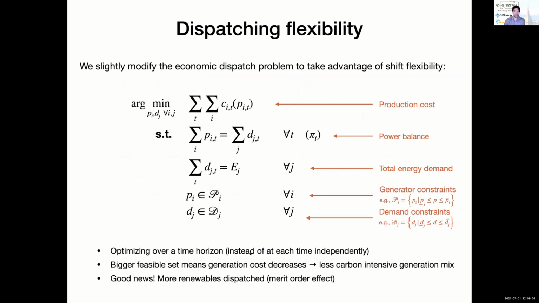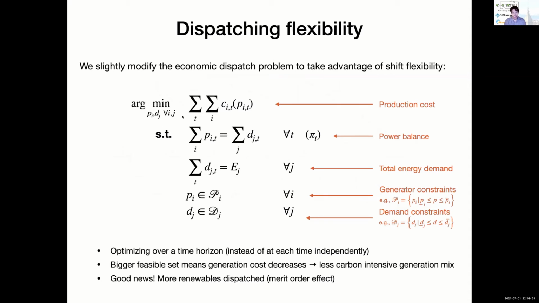All right, so to dispatch flexibility, we're going to modify that basic version of the economic dispatch problem in some key ways. Our cost function is the same. We're minimizing production costs, but now we see that the demand, D sub j, where j is the index of each of these loads, is optimized. And we're now optimizing over a time horizon.